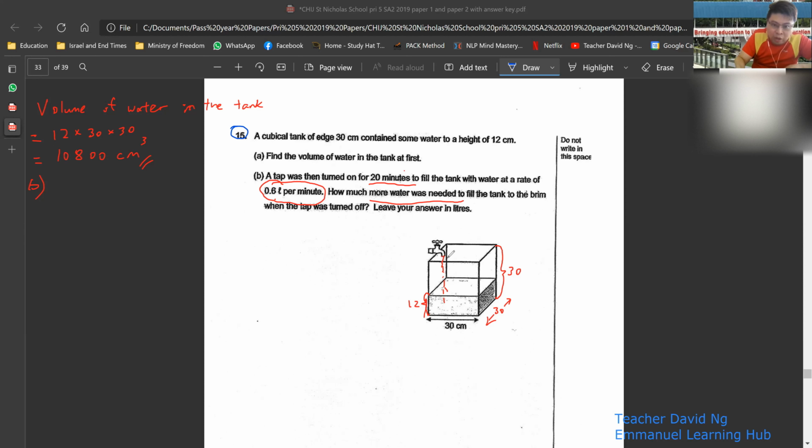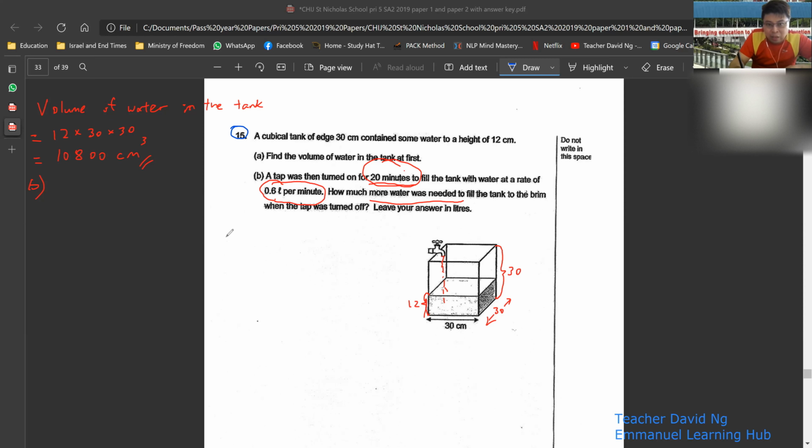Of course, the amount of water is going to increase. So the question right now is, can I know how much water went into the tank in these 20 minutes? Yes. You can know, right? The reason is because they give you the information, which is the rate of the water.